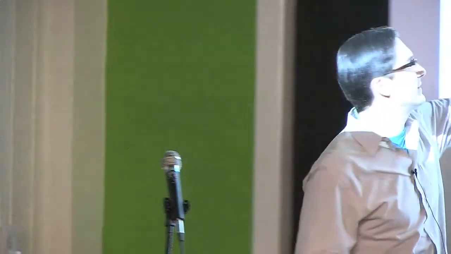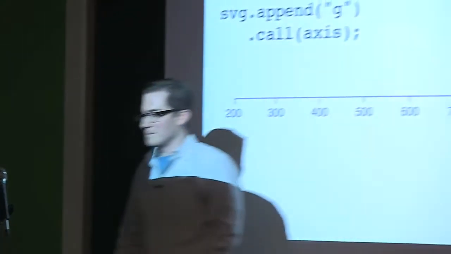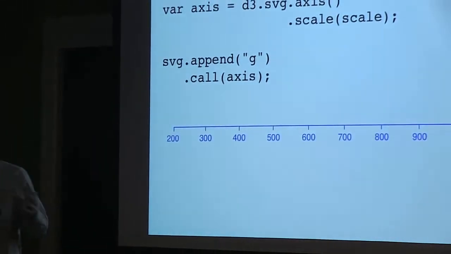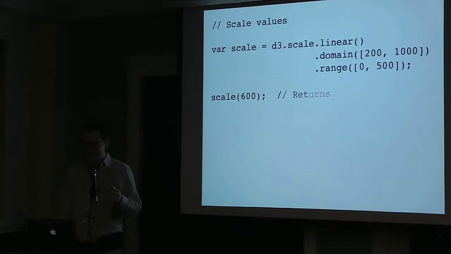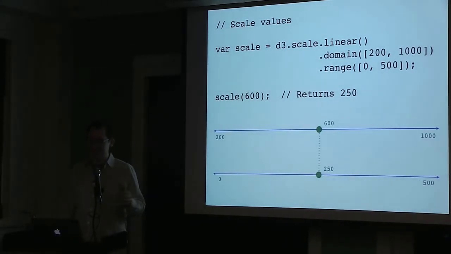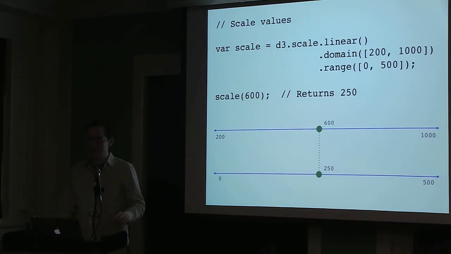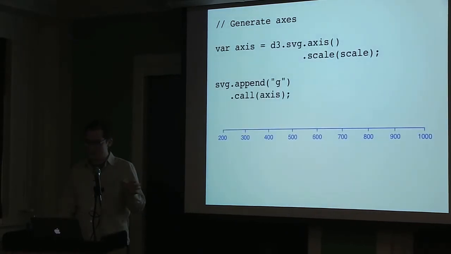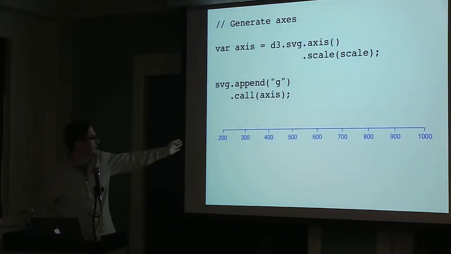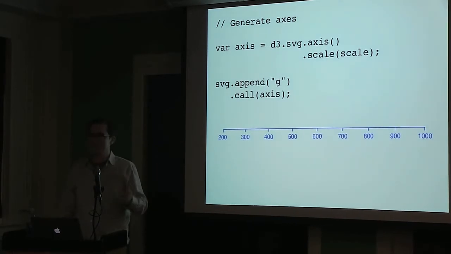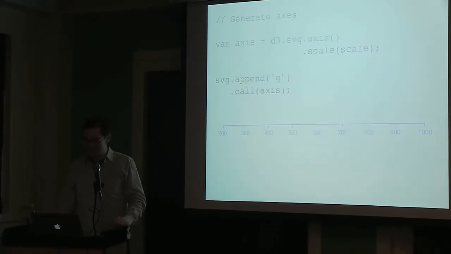You don't have to understand all this code, but you can see right here I'm referencing the scale I created before. This axis generator looks back and says, oh, Scott made this scale that's going from 200 to 1,000, so I'm going to reference that and make the corresponding axis that goes from 200 to 1,000, because that's the range of my data values.